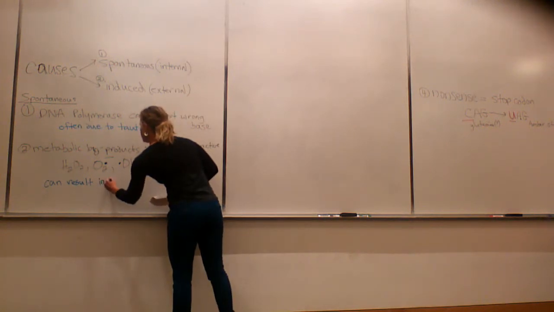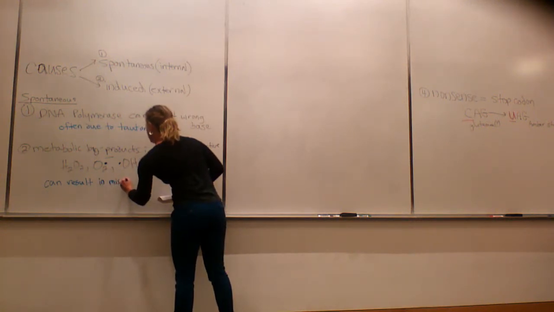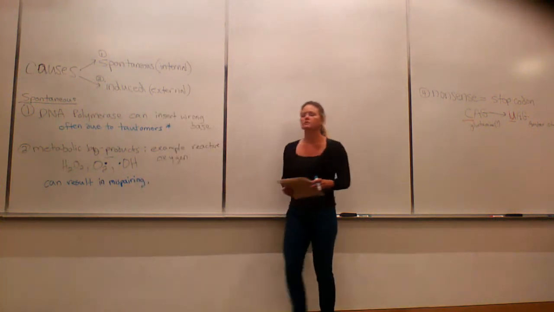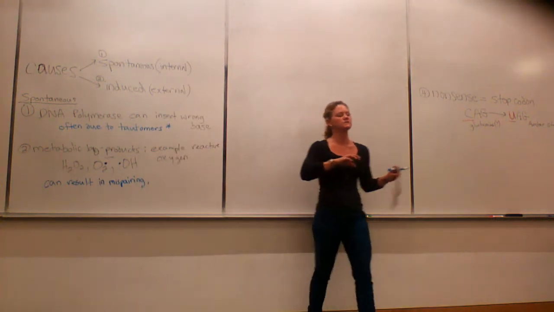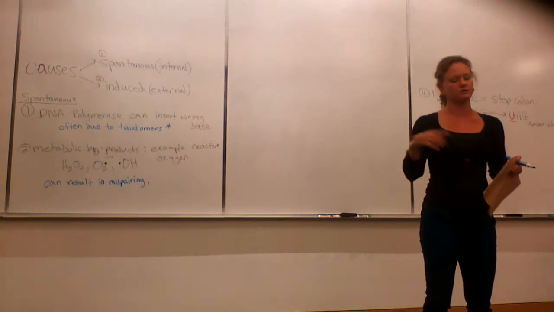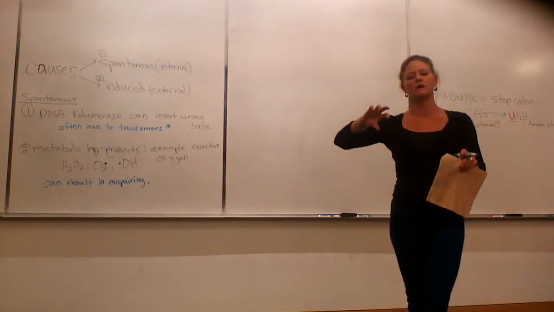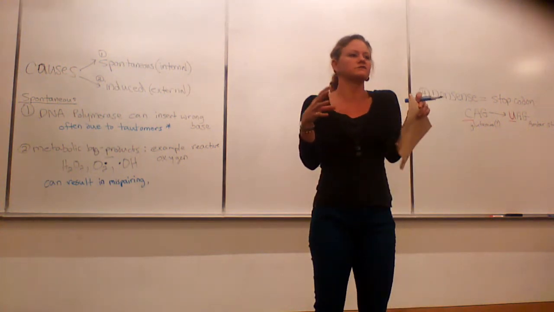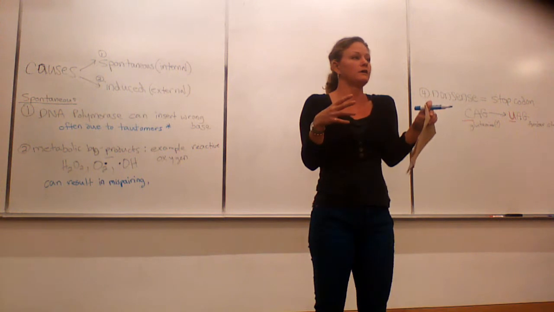So this results in mispairing. You'll see a lot of these mutations, especially the ones where I'm going to get into depurination and deamination, where we're changing the chemical structure of the base, which means the base is still in there, it just looks a little different.